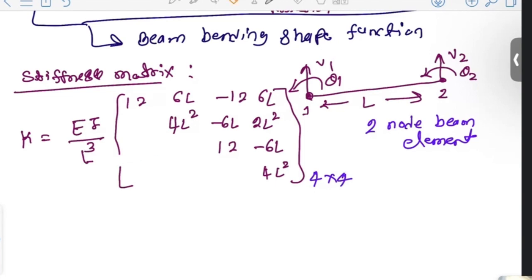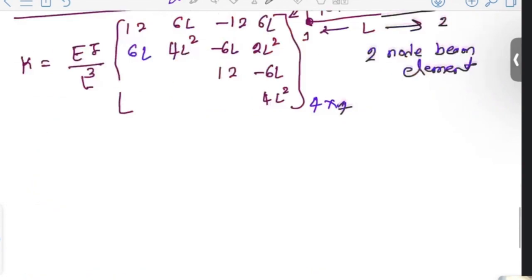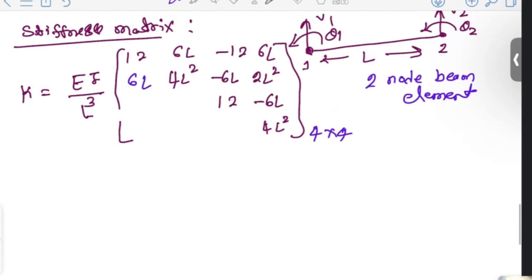So it will be like this. This will be 6L, and this will be minus 12. This will be 6L.